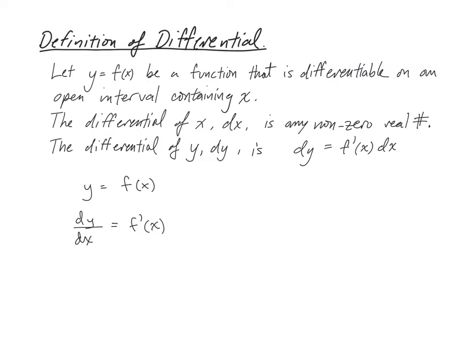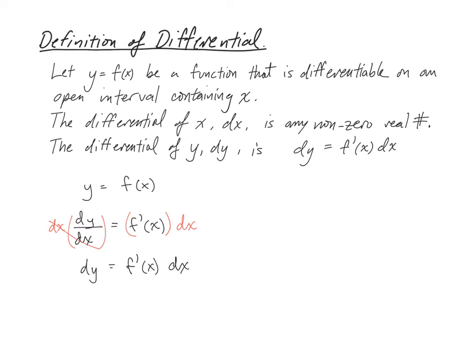So if we wanted to find just the change of vertical distance, we could think of it like this. This isn't mathematically rigorous or anything like that, but you can think of this as multiplying by dx, and now you have dy equals f prime of x dx, which is exactly the definition of the differential of y.